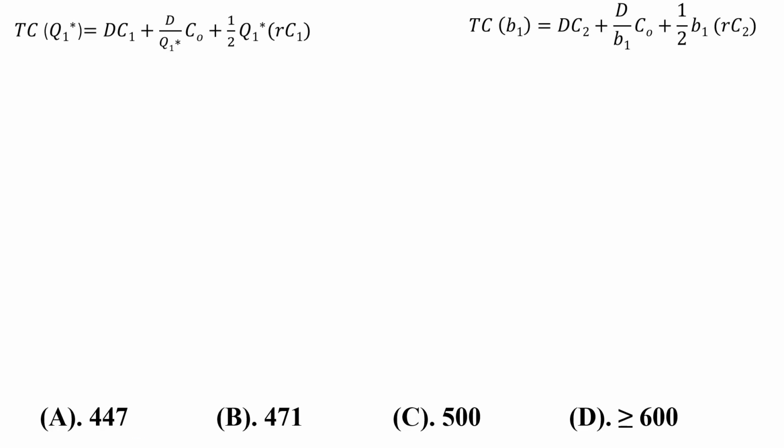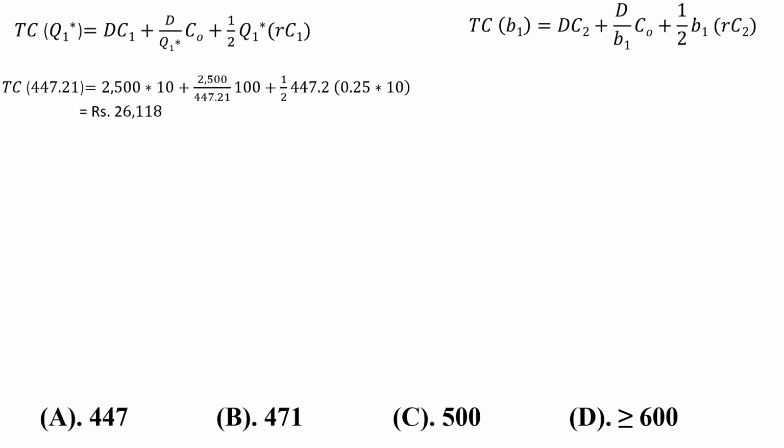Next we calculate the total inventory cost at the Q1 star quantity as well as at the B1 quantity. Q1 star is 447.21. We know D, C1, Q1 star, C0 and r.